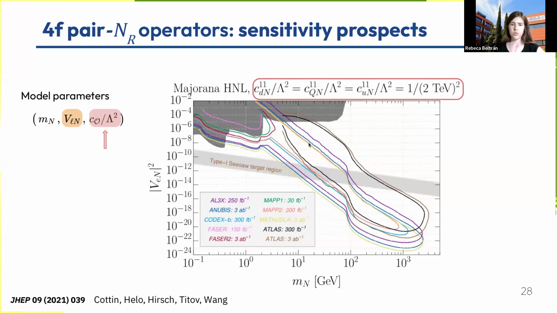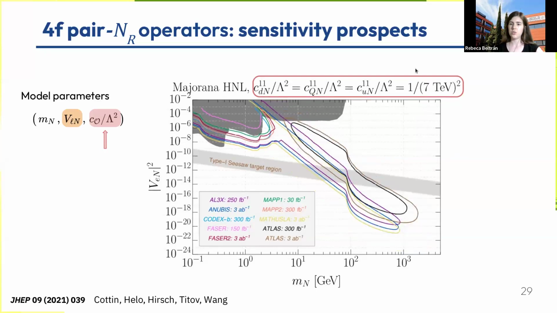So yeah, you can see how the probed parameter space reaches above 1 TeV, and also square mixing values as small as 10 to minus 22 could be probed by ATLAS. It's true that we have fixed lambda to 2 TeV, but if we change it to 7 TeV, this still looks quite promising. So very small mixing angles could be explored.